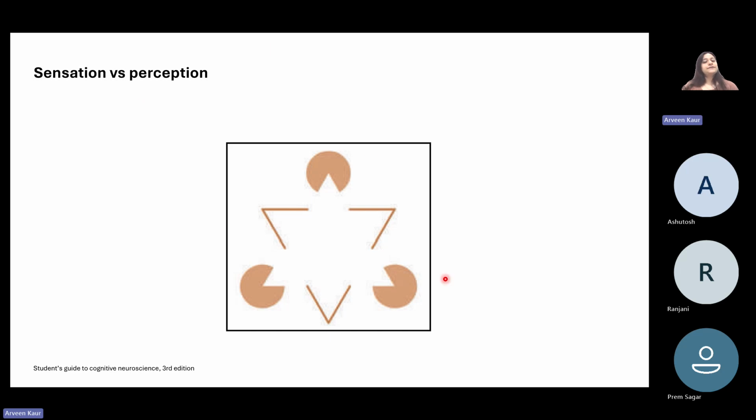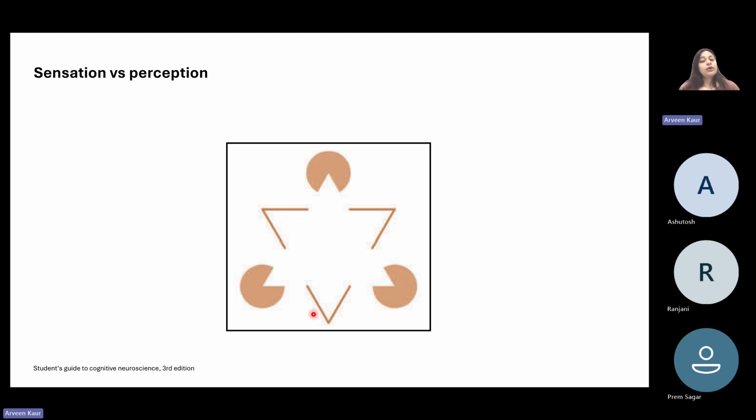So this, for instance, is a very good example. Over here, what is actually drawn is some part of a circle, another circle like that, another circle like that, and three brackets, right? But that is what is actually drawn over here.